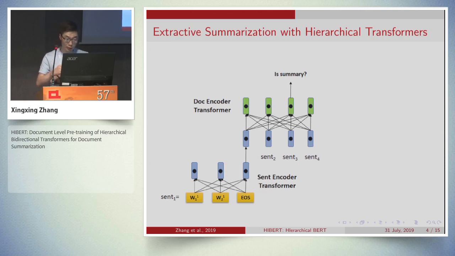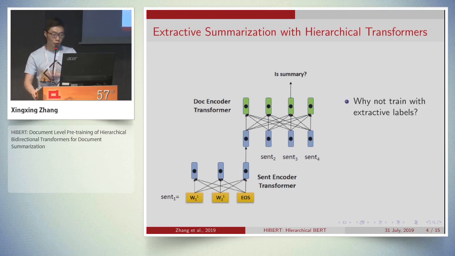After obtaining all the representations of these sentences, we have another transformer, the document-level transformer, to learn the context-dependent representation of one sentence given the whole document as a context. And lastly, we predict whether this sentence is a summary or not based on the representation.